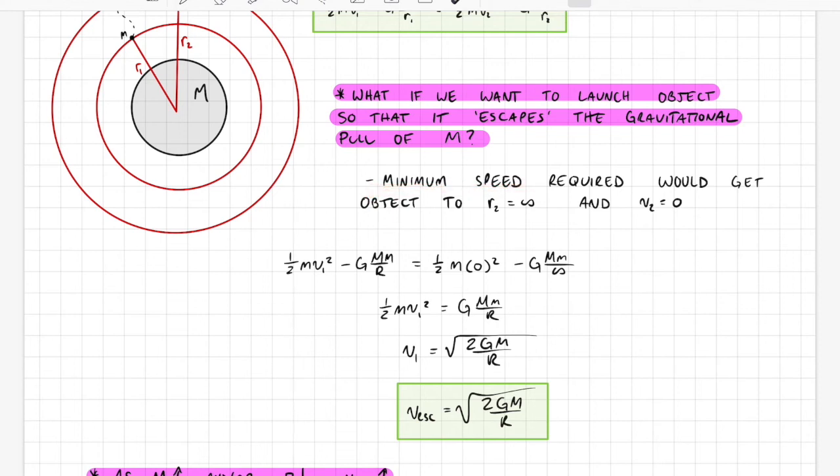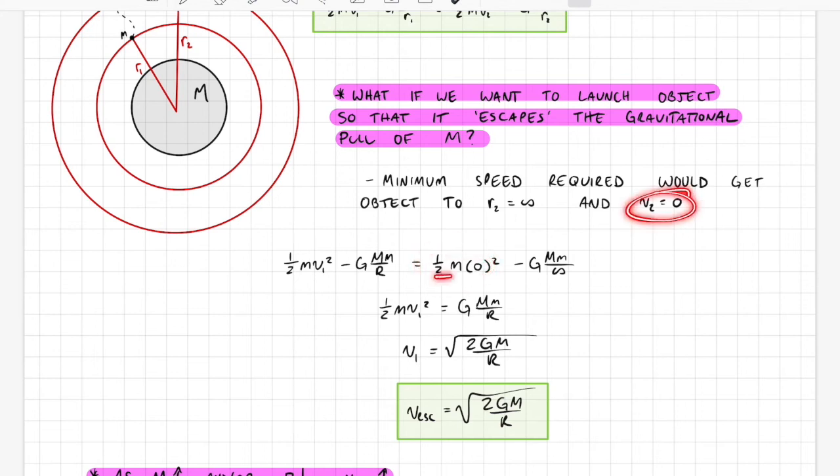So let's just go back to the conservation of energy expression. So 1/2 mv1 squared, and I want to launch this thing from the surface of my object. So the potential energy term, R1, is the radius of the object, of the planet, if you will. And then for state 2, I've got 1/2 mv2 squared.